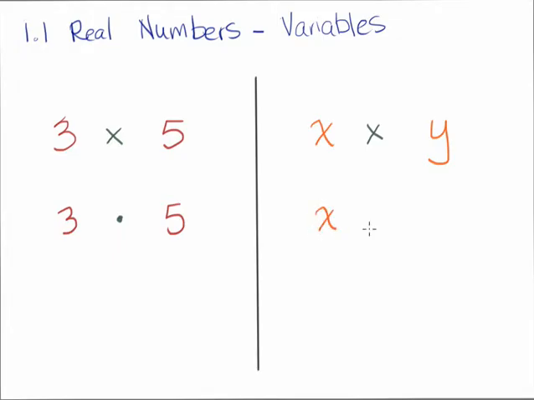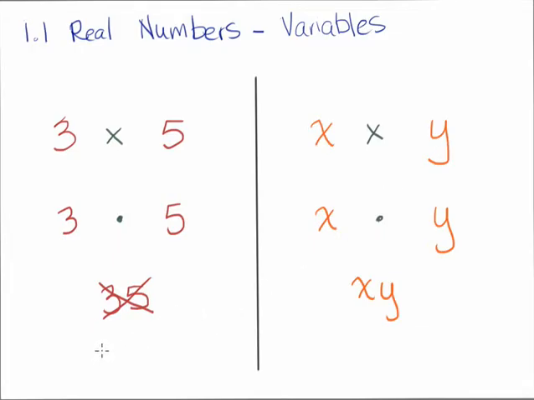Similarly with X times Y, I could have written X dot Y. With variables, we even get away with this: X, Y, with no symbol in between them at all, means X times Y. Now I can't get away with that with numbers because 3, 5, with no symbol between them means 35, not 3 times 5. So this does not suffice for multiplication with numbers, but it does with variables.